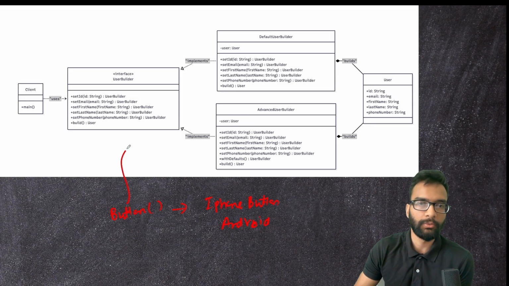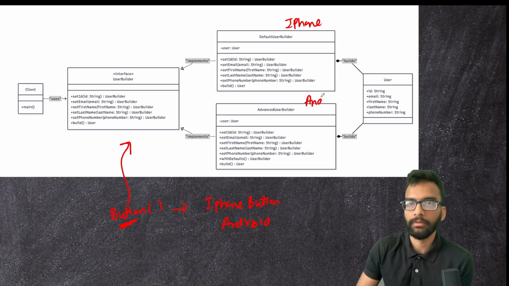So let's say you have created a builder which manages the button builder, and then you have this as iPhone, and here let's say you have Android, and then it interacts with the button class.